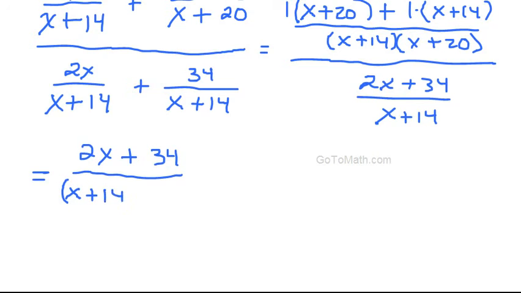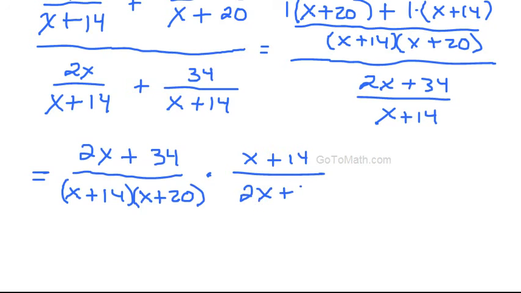So we have x plus 14 times x plus 20 times, okay, so we're going to flip this fraction here. We're going to have x plus 14 over 2x plus 34. Now I see some stuff that can cancel out.